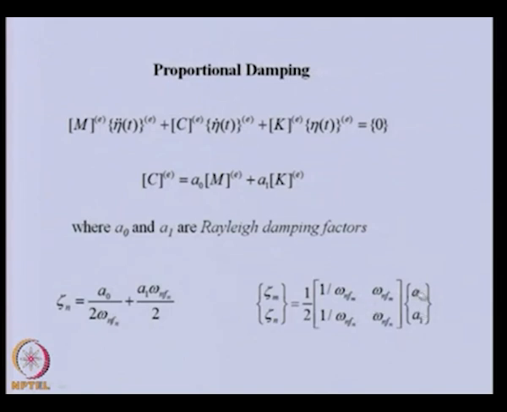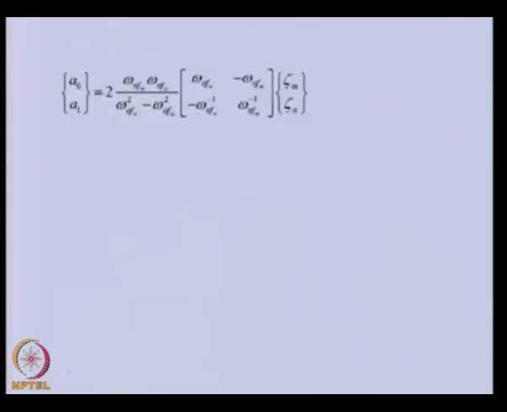Now you can see we can get the A by inverting this matrix. So if we know the two frequencies within which we want to operate our system, and the damping ratio corresponding to those modes, then we can obtain A0 and A1.